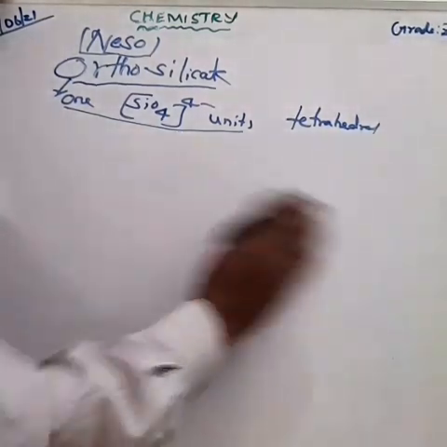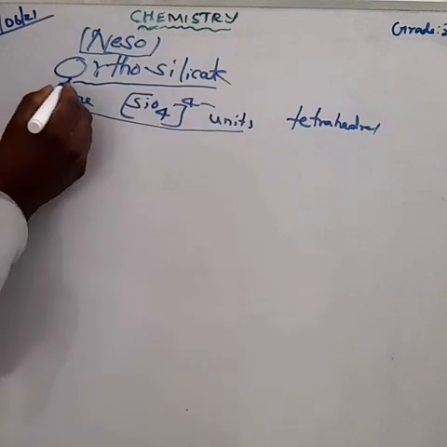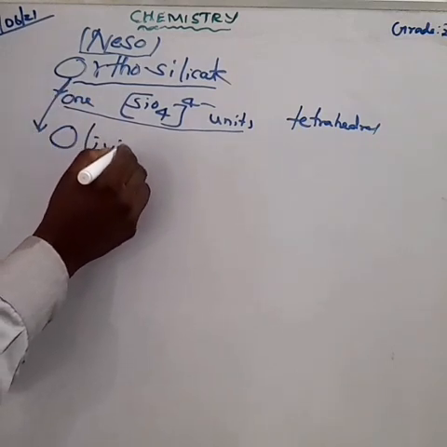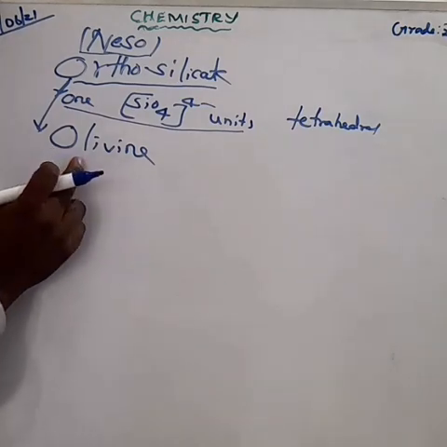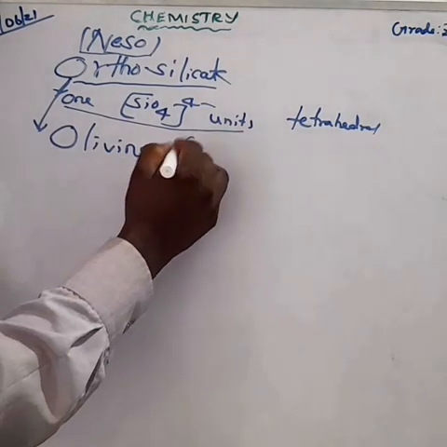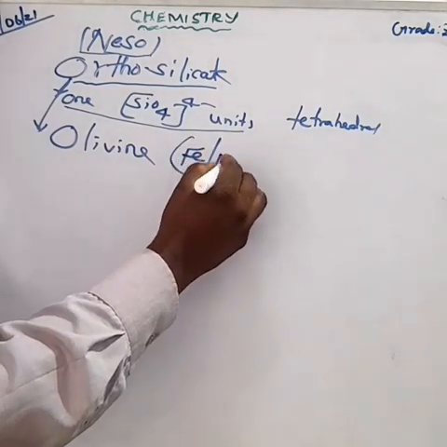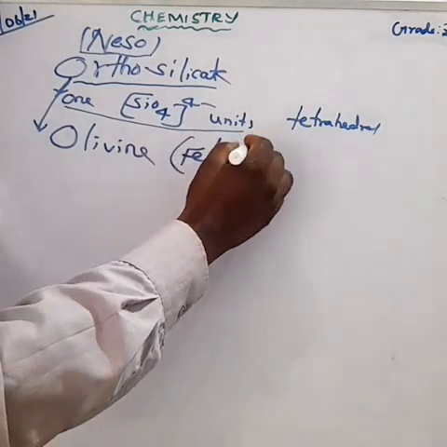Next, about the example. What is the example of orthosilicate? Olivine, O-L-I-V-I-N-E, olivine. Olivine has some elements: Fe, otherwise Mg, and also the other elements, silicon and oxygen.